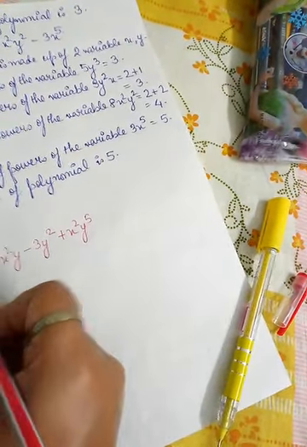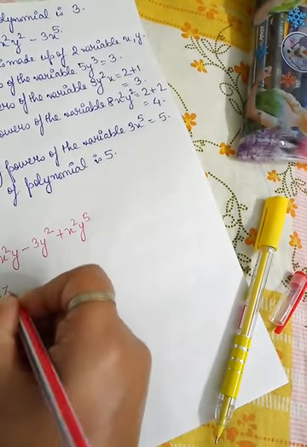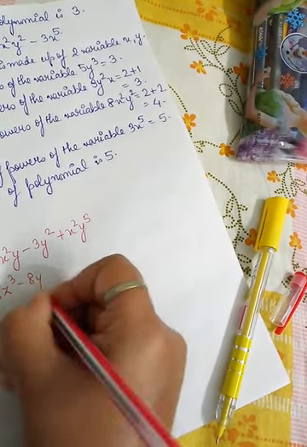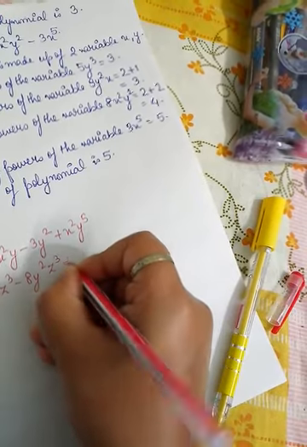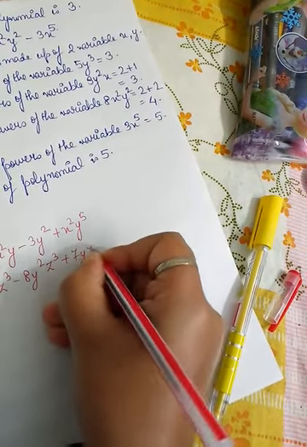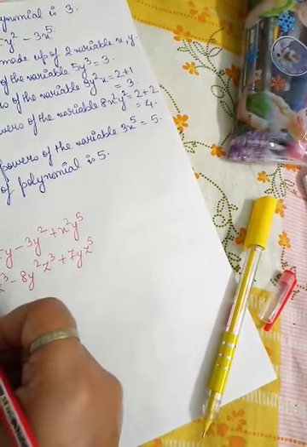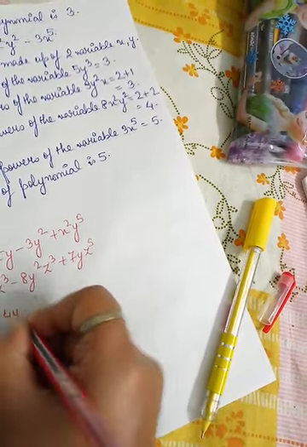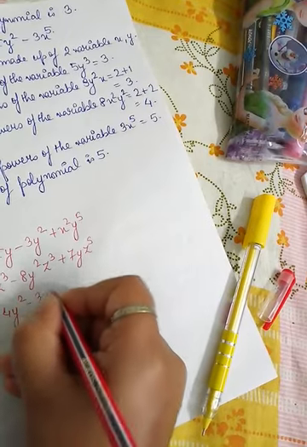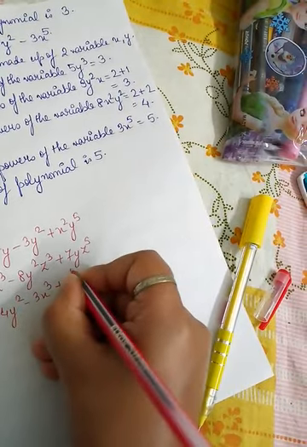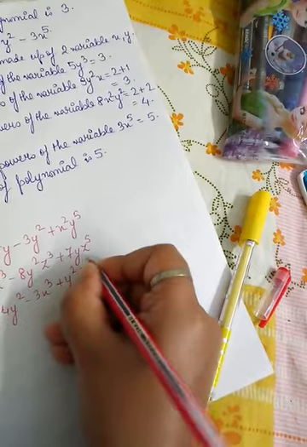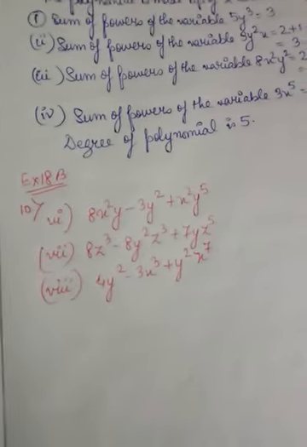Question number 7: 8z cube minus 8y square z cube plus 7y z to the power 5. And question number 8: 4y square minus 3x cube plus y square x to the power 7. So these will be your homework.